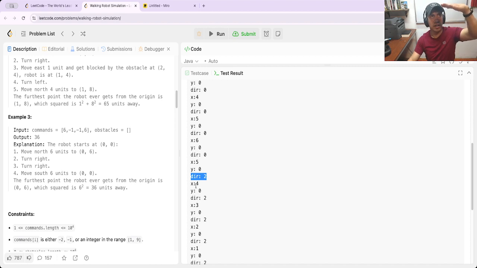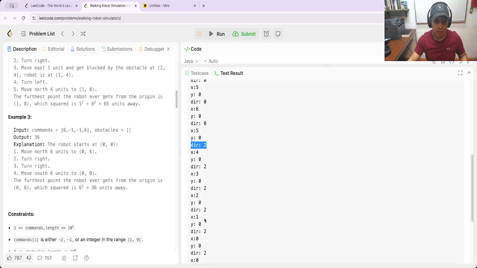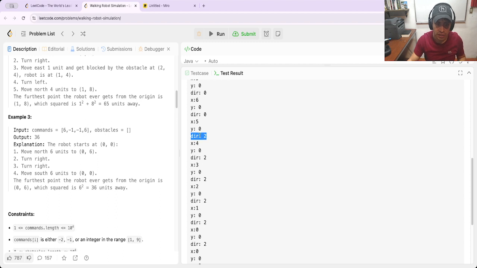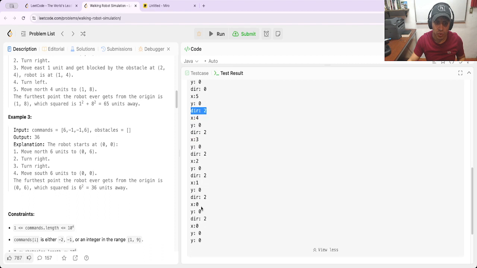If you are at 6, come back in the same direction to 6, reach 6 5 4 3 2 1 0, return to 0. Direction is 2 because it's turned down. Yeah, I think.